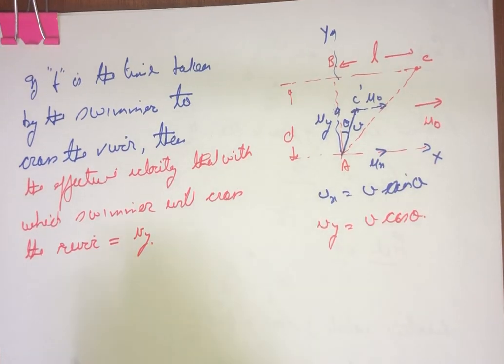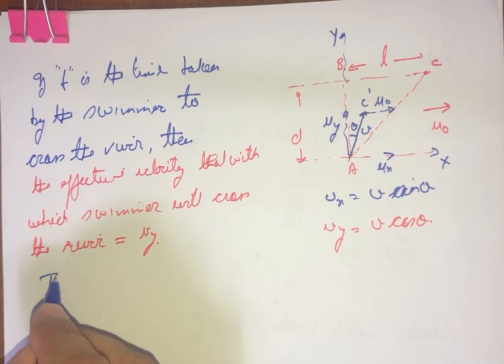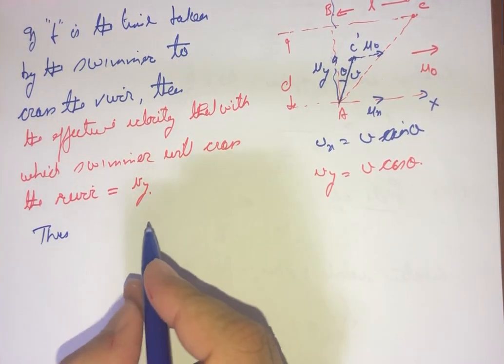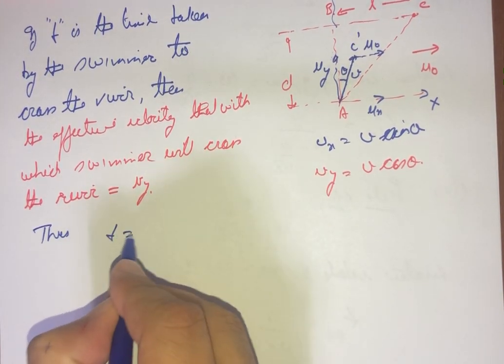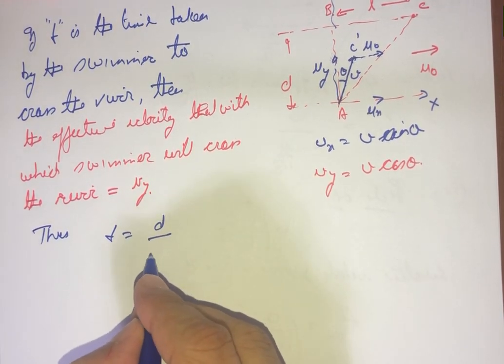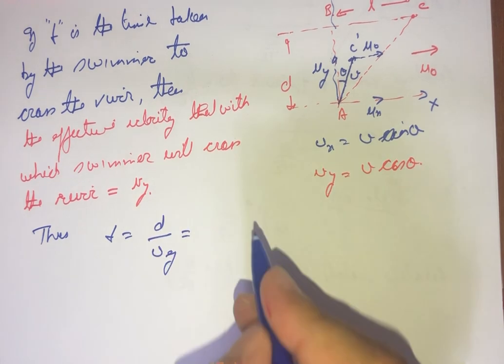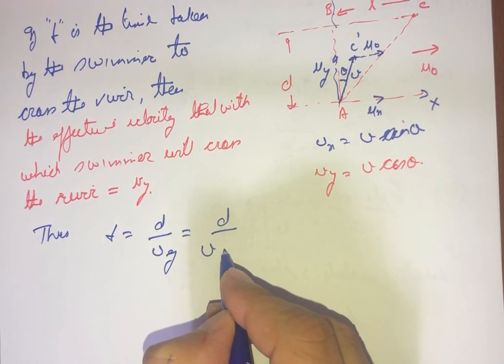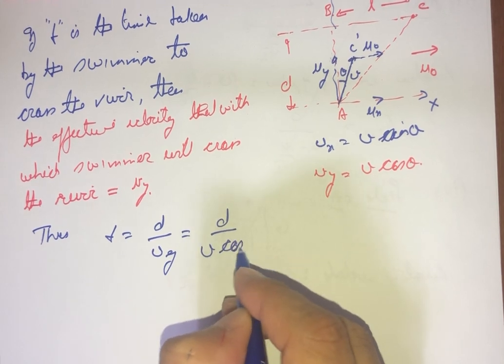So we can say that time t will be equal to d divided by Vy, and Vy we already know is v cos theta.